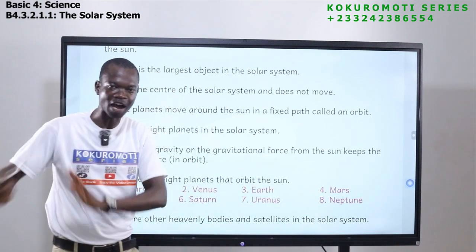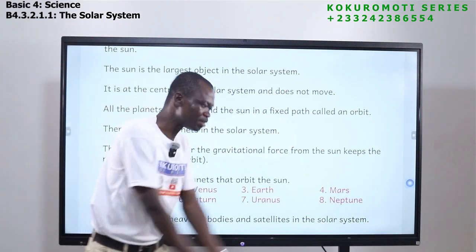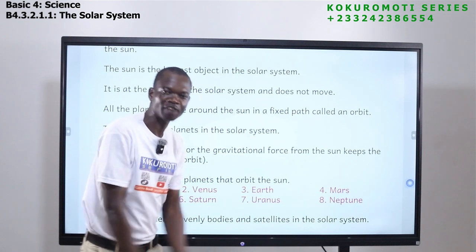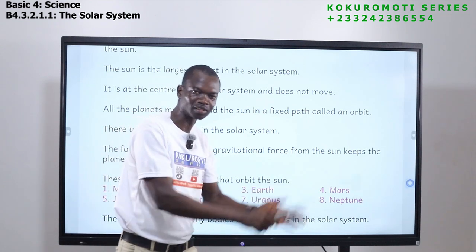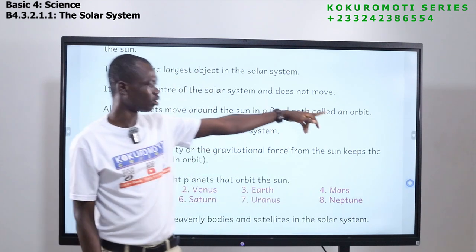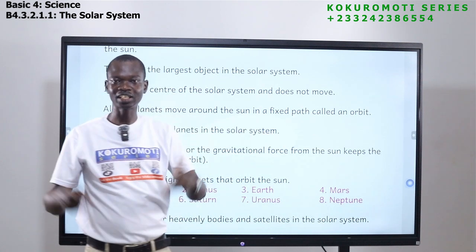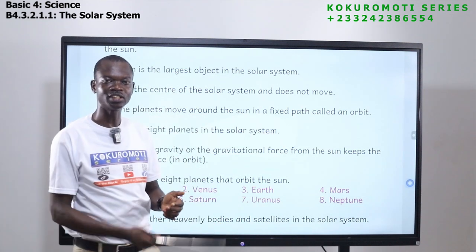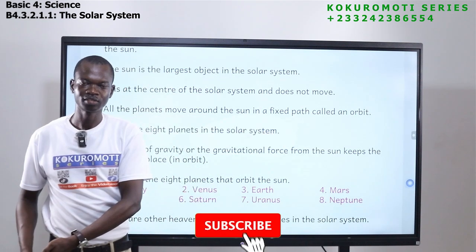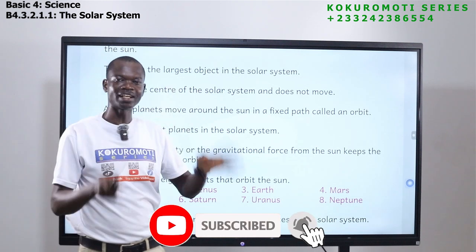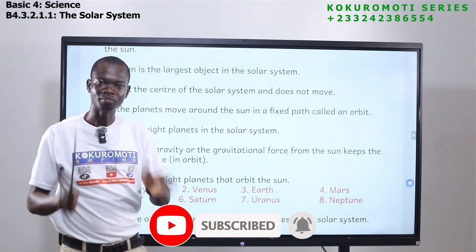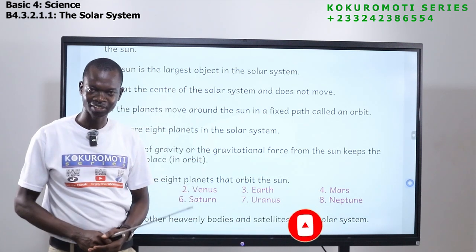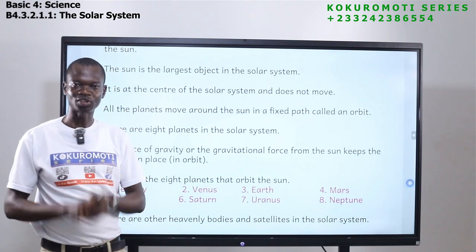All of them have their path. The path that they move along is what we call orbits. You see, cars move on roads, right? Planets don't have roads, but theirs is called orbits.